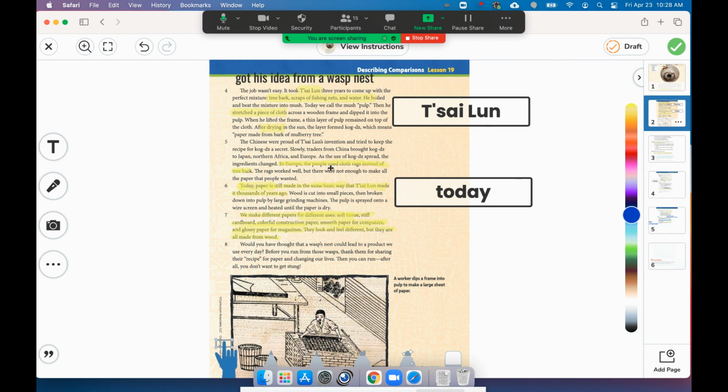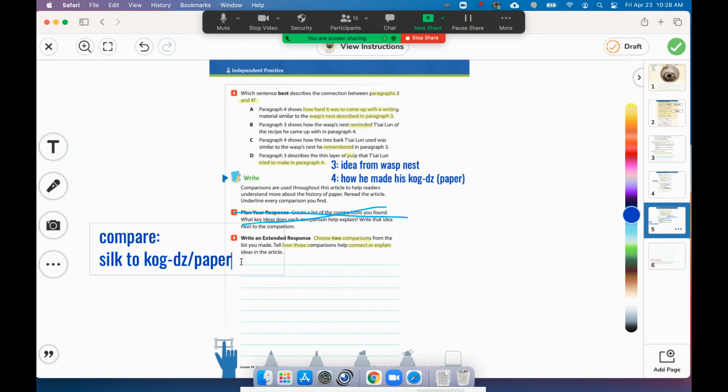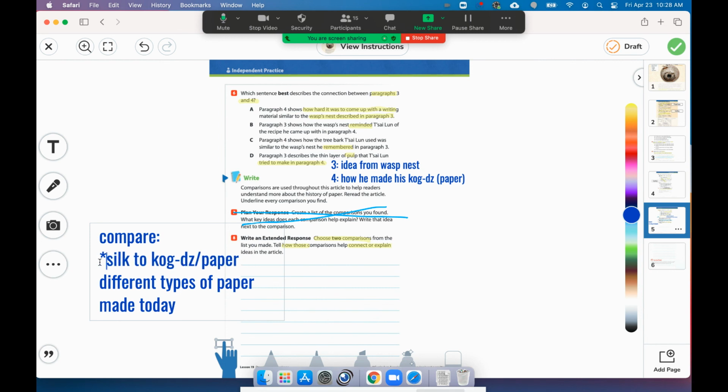Another thing you are going to compare is different types of paper made today. So these are your 2 things to compare. You're going to compare silk to the paper. You're going to compare different types of paper to each other.